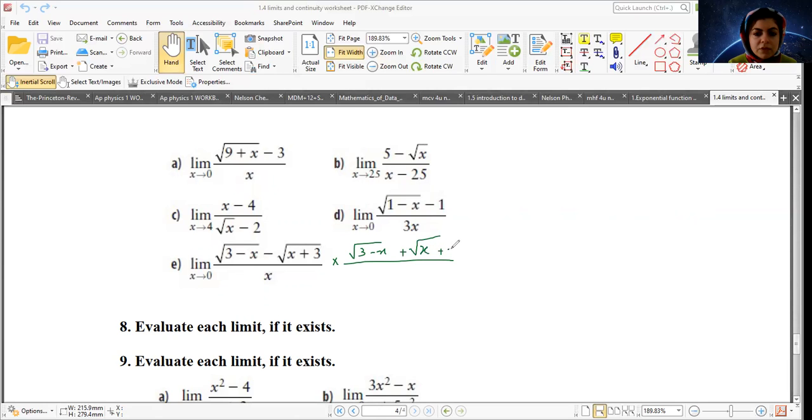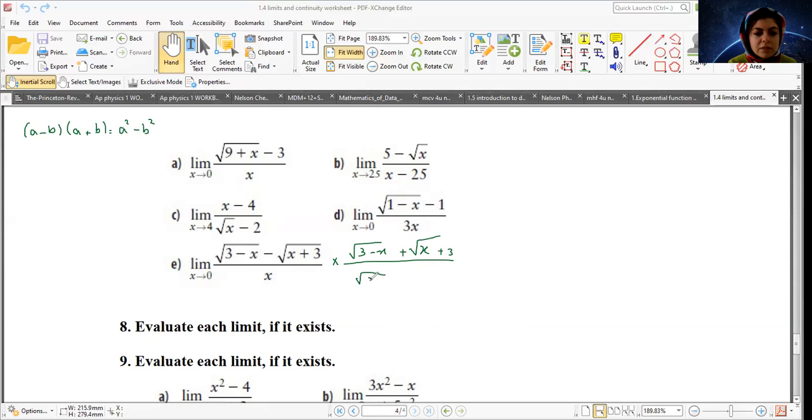Again, I'm going to remind you that (a minus b) multiplied by (a plus b) is equal to a squared minus b squared. Because I want to get rid of this square root, I need to multiply this one by its conjugate.